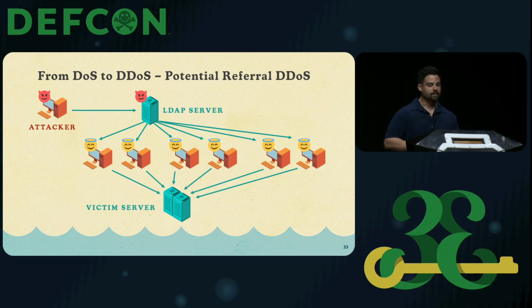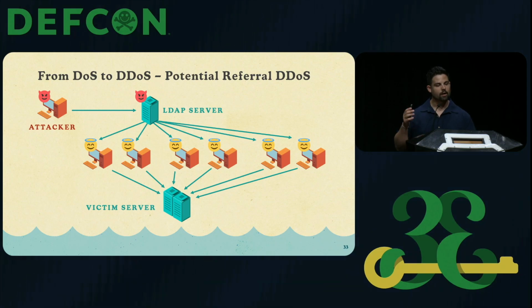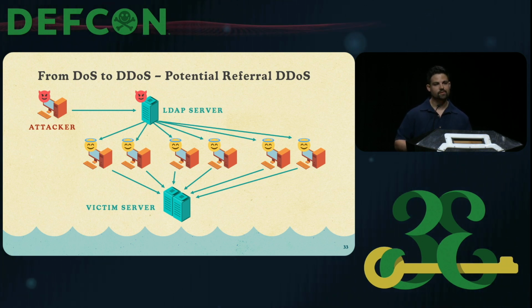However, if we affect different domain controllers worldwide to connect to our LDAP server and use LDAP referrals to refer them to a single victim server, then this would not require us to compromise many different potential bots. And then we also don't need to have any footprint on the bots that we're using.